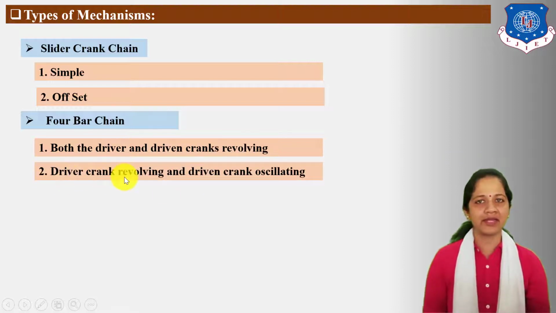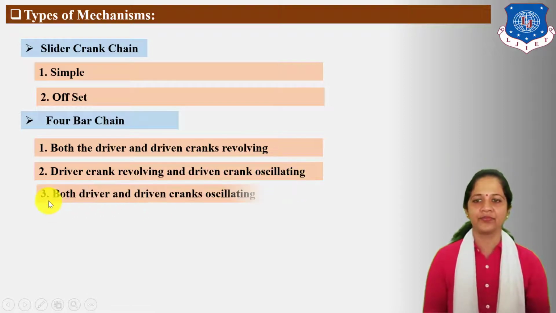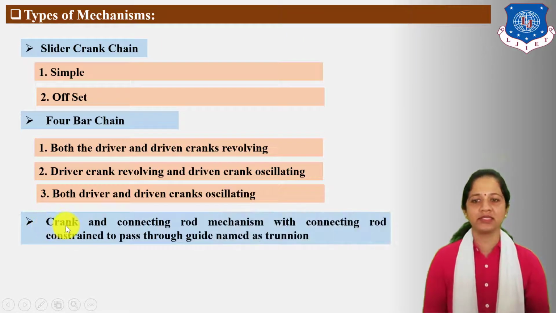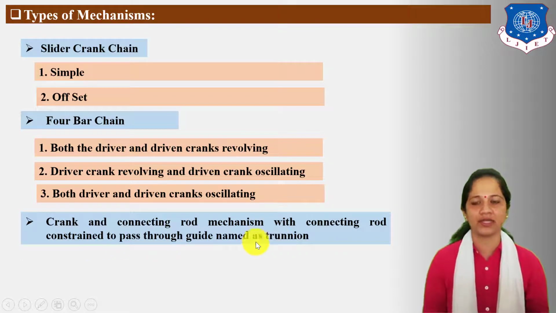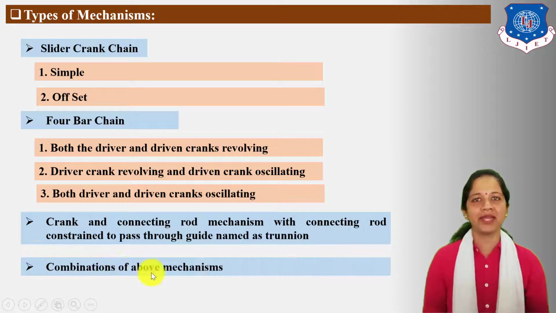Second, driver crank revolving and driven crank oscillating. Third, both driver and driven cranks oscillating. Next, crank and connecting rod mechanism with the connecting rod constrained to pass through a guide, named Trunnion. Next, combination of the above mechanisms.